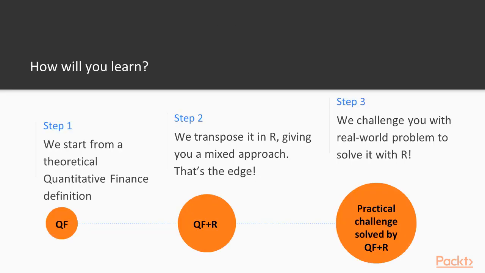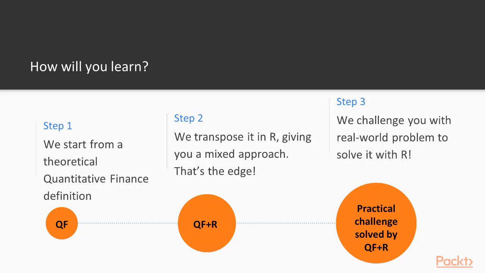Now we'll go over how you will learn. Our learning methods guarantee that you will walk away with a really good edge within this industry. This is given by mixing the knowledge in quantitative finance with the programming of R. First, as I said, we'll start with a theoretical attitude, looking at quantitative finance definitions across all our topics, and then we'll move on to the practical context and how it's used.